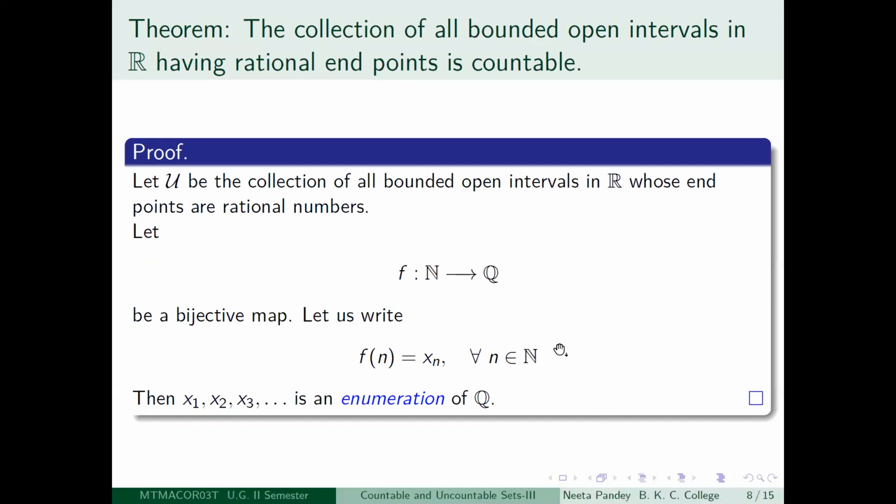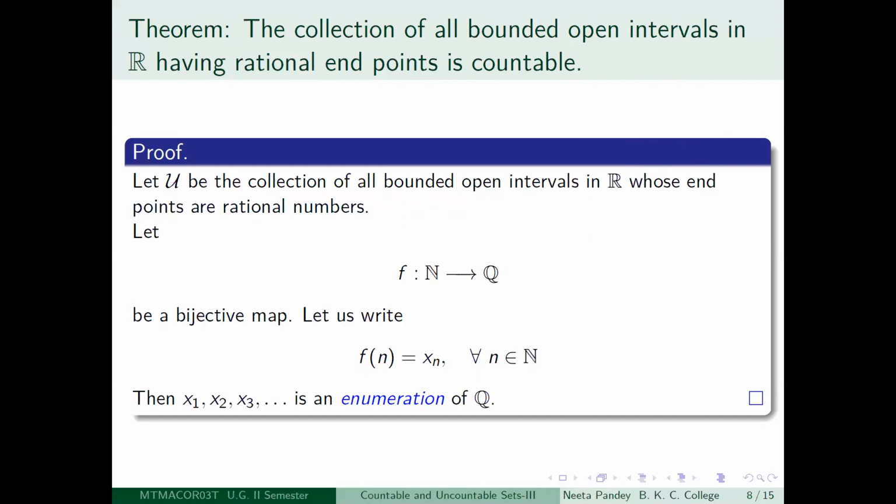So these are important subsets, bounded open intervals. Recall that a bounded open interval is of the type (a, b), where a and b are real numbers. If you restrict your attention to the collection of all bounded open intervals for which the endpoints a and b are rational numbers, then that collection is going to be a countable collection.